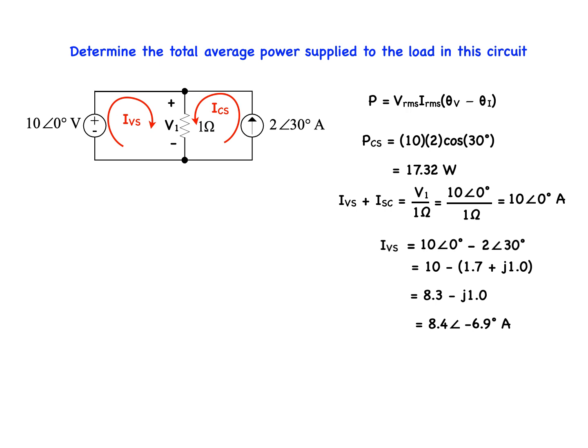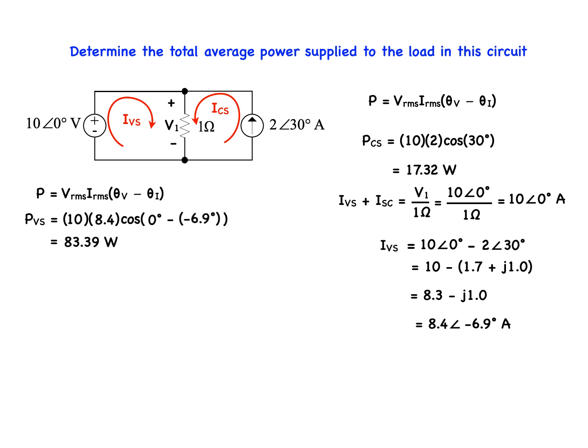Using the formula for power once again, that is, P is equal to the RMS voltage times the RMS current times the cosine of the angle between them, we know all of the required values now. So PVS is equal to 10 times 8.4 cos(0 degrees minus minus 6.9 degrees), which gives us 83.39 watts.